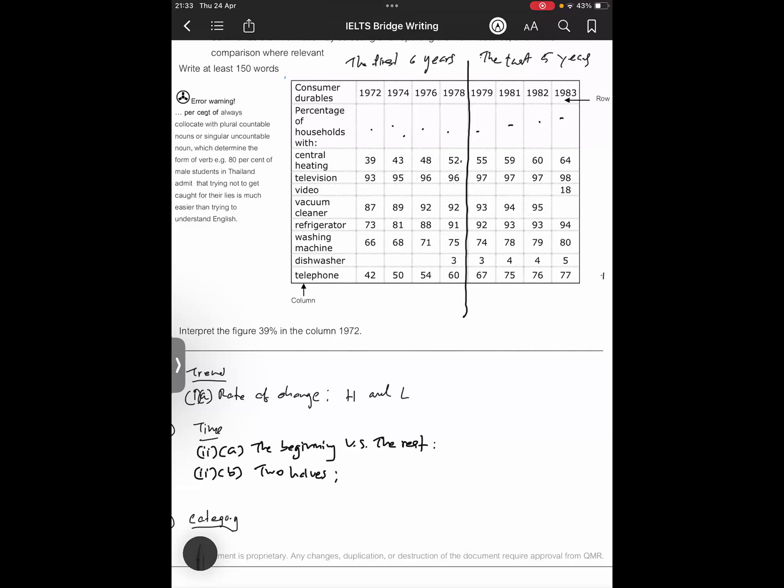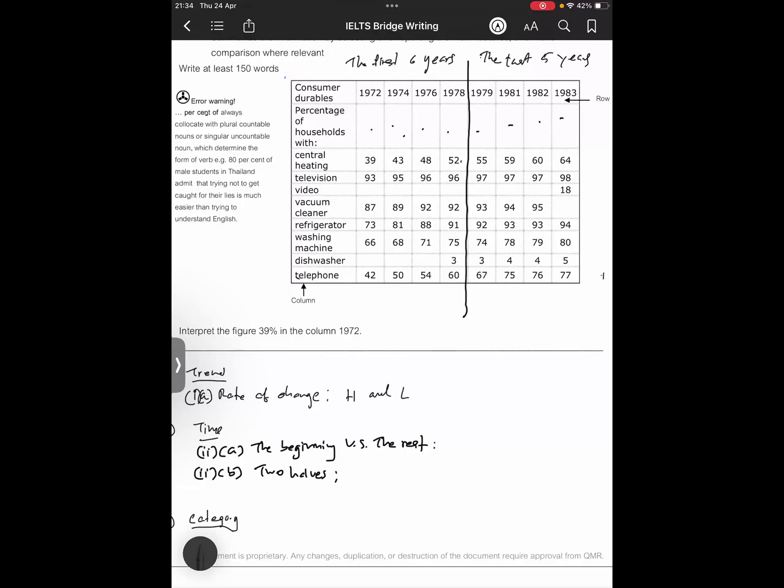All right, we can also talk about dishwasher, right? In the previous section, we didn't get to talk much about dishwasher because the numbers just show up out of the blue in 1978.